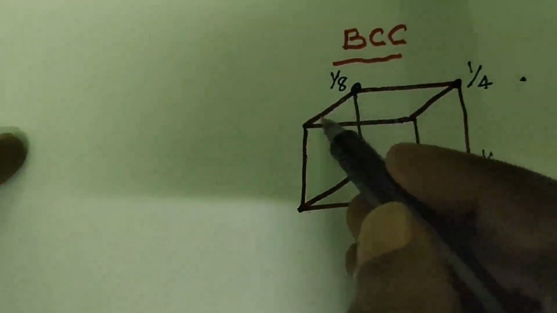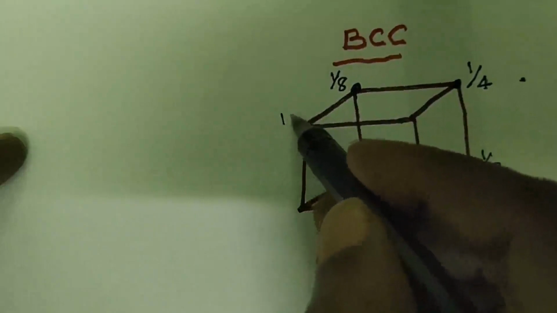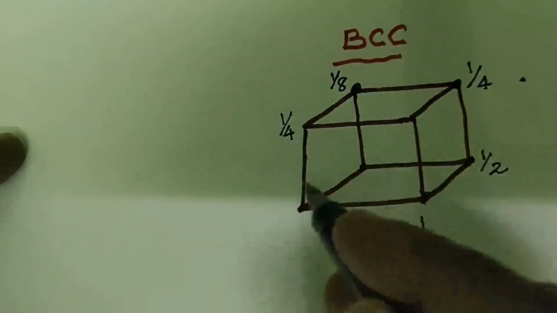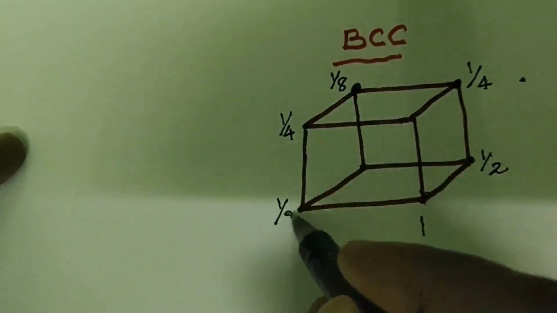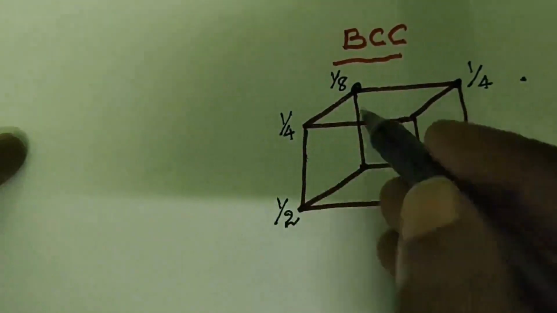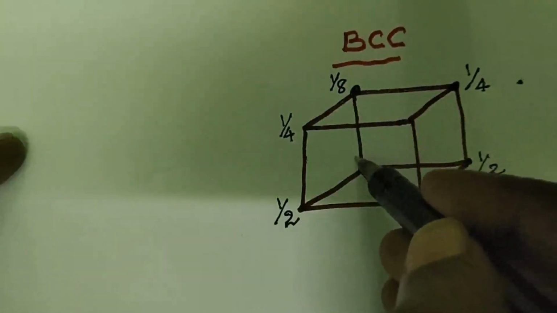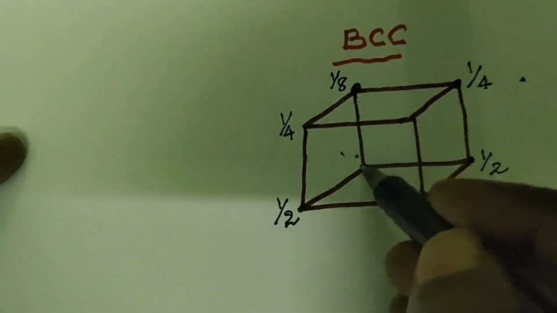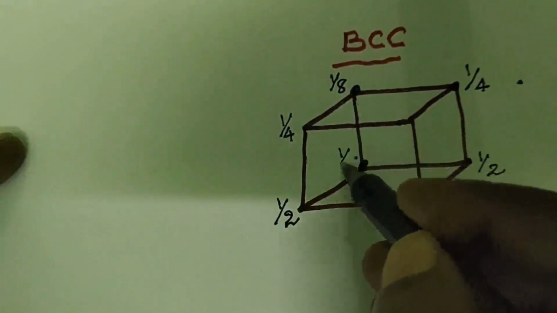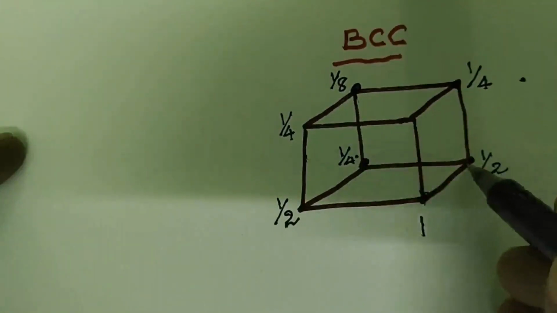So in this way, 1 by 8, 1 by 4, 1 by 2, 1. Then in this direction, 1 by 8 is also one corner, 1 by 4, 1 by 2.